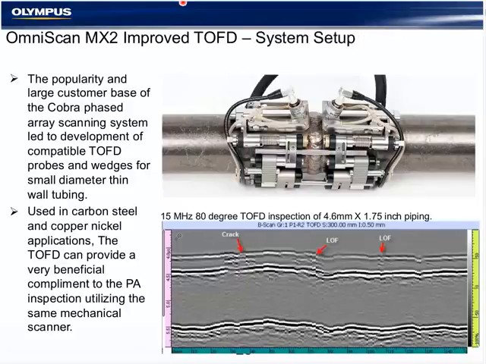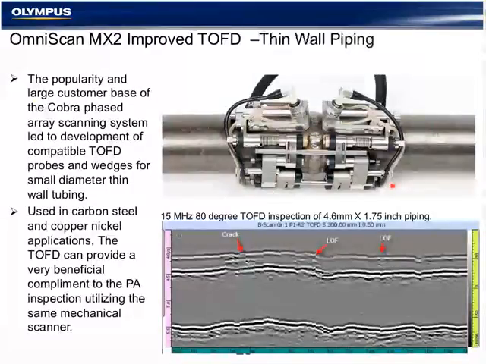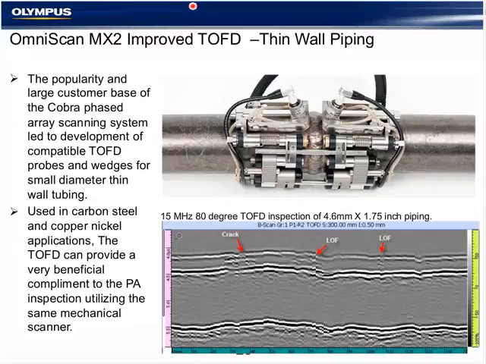And one other point, when using the TOFD probes or L-wave phased array probes with the Cobra scanner system, a much larger standoff or much larger spacing is required than the 12 millimeters that's capable with the small phased array version of that inspection.